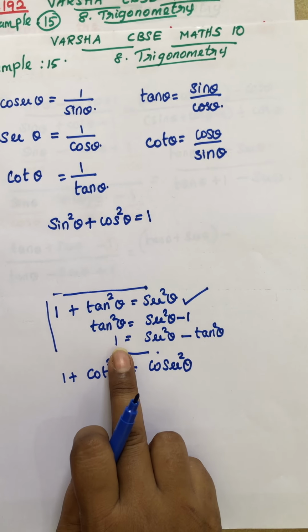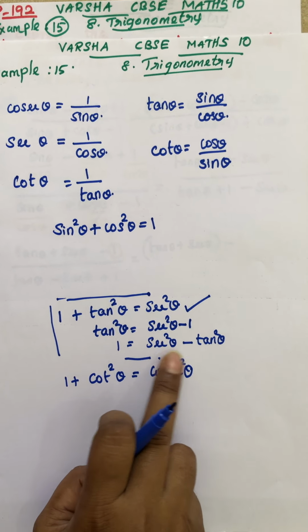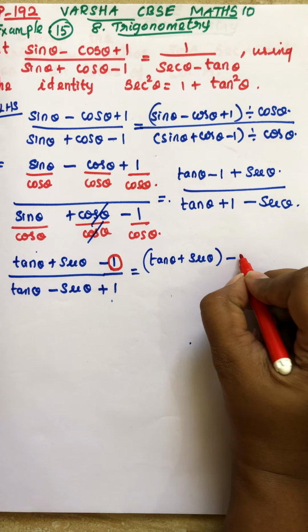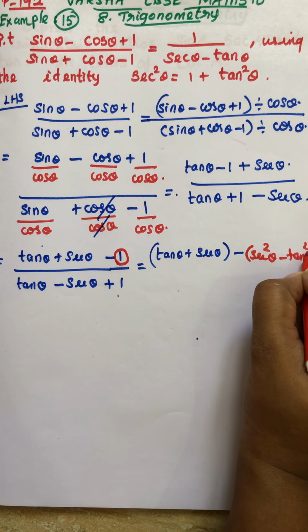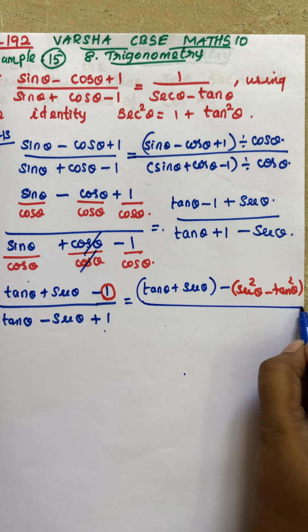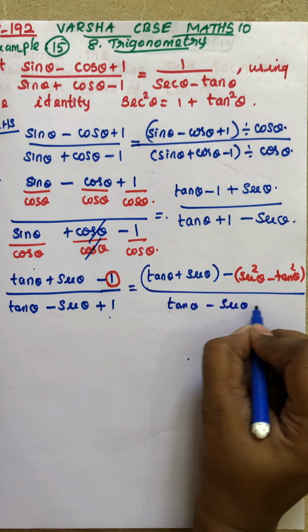Here is your identity: 1 equals secant square minus tan square. Do you understand? Yes, 1 can be written as secant square minus tan square. So I write secant square minus tan square for 1. Now, tan minus secant plus 1.